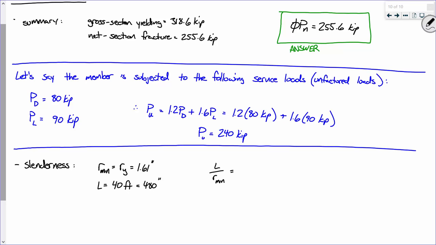So L over R is 480 inches over 1.61 inches, and that comes out to be what? So 298, we'll say 0.1. Is that good? That's good. So because that is less than 300.